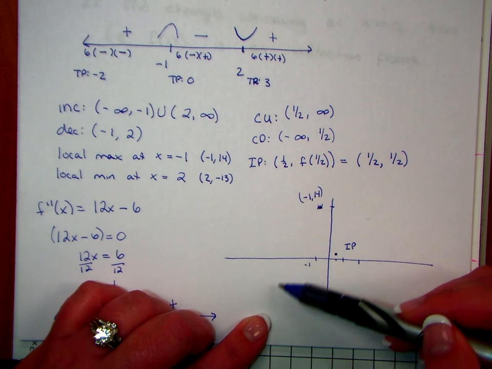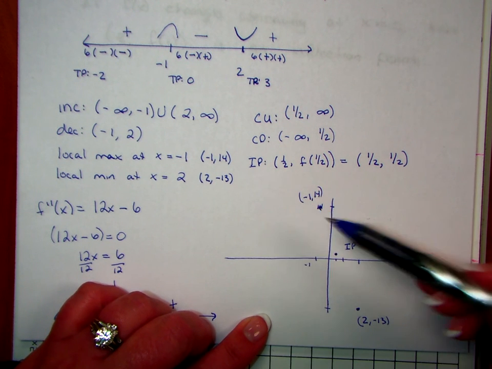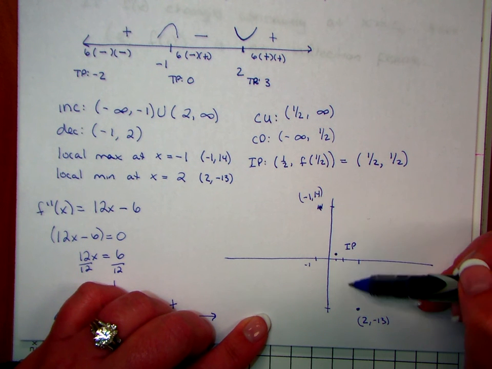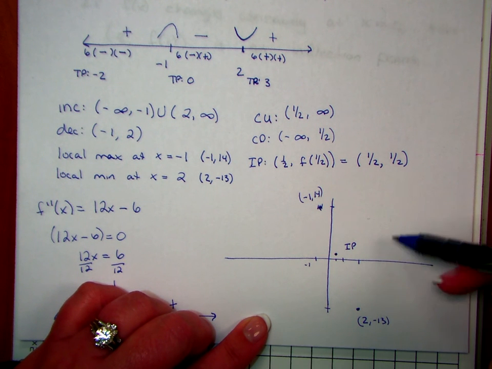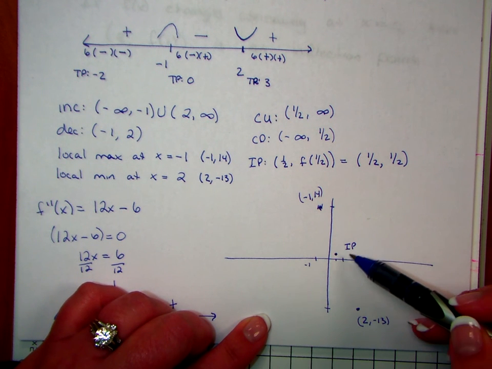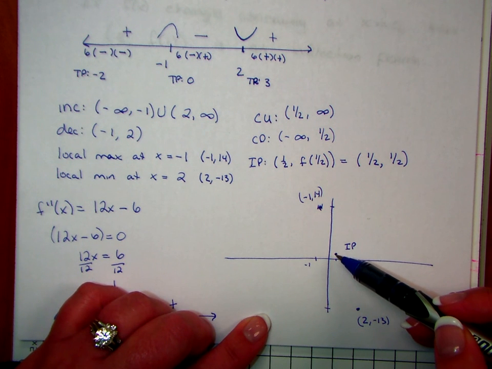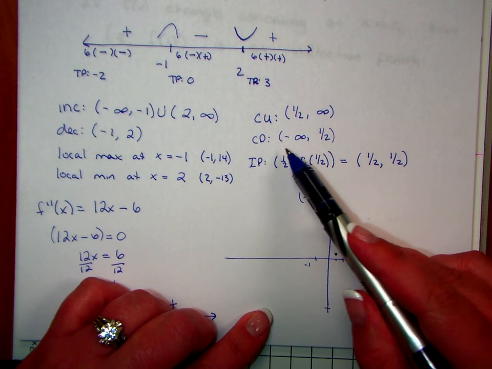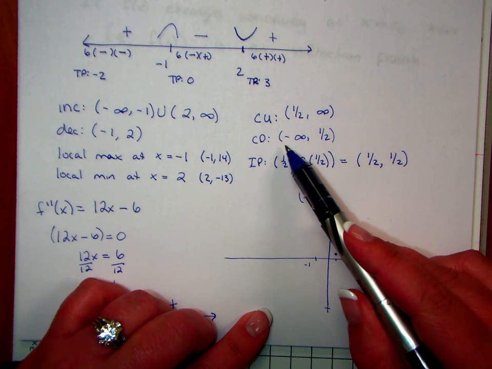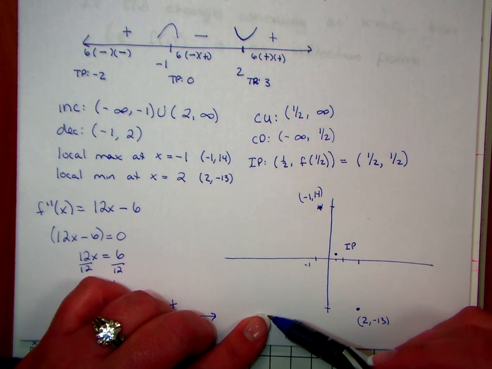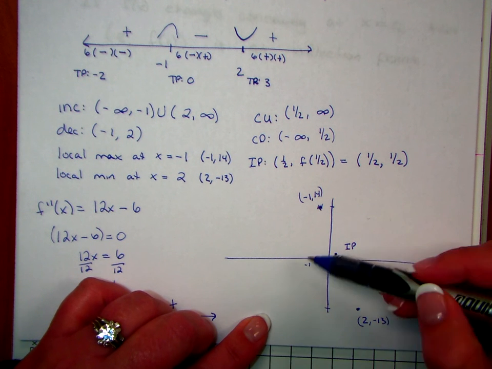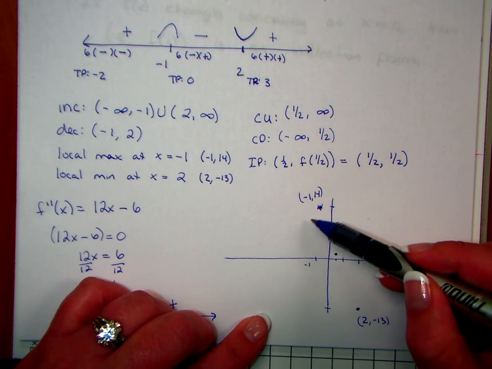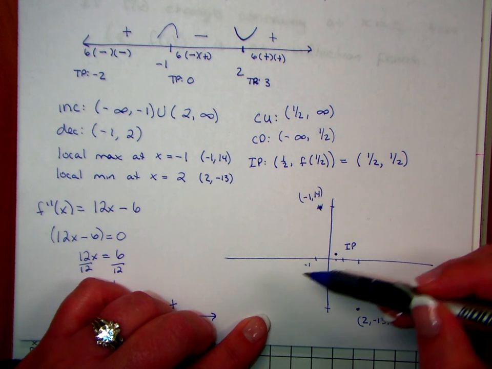So we're increasing to this point, and then it's going to change to decreasing to this point, and then it's going to change to increasing. But we have this concavity change right here. We want to start off concave down from negative infinity to 1/2.